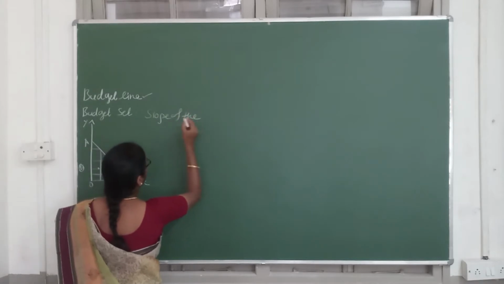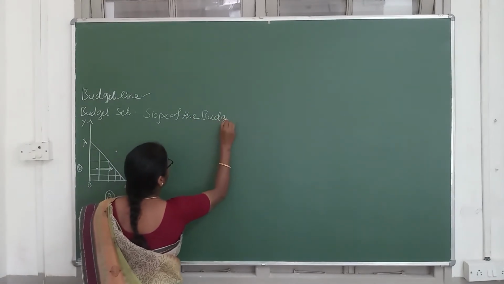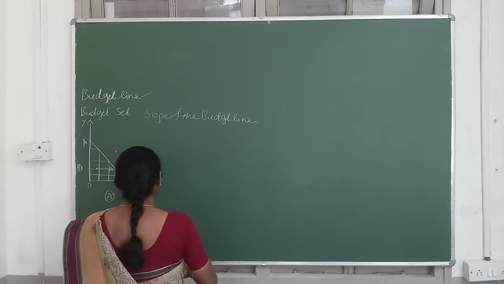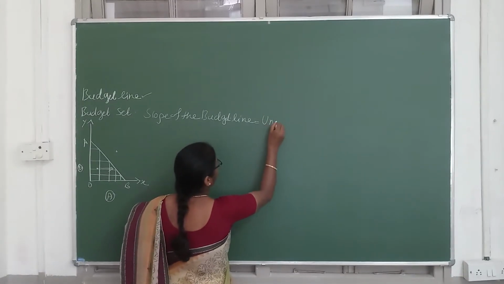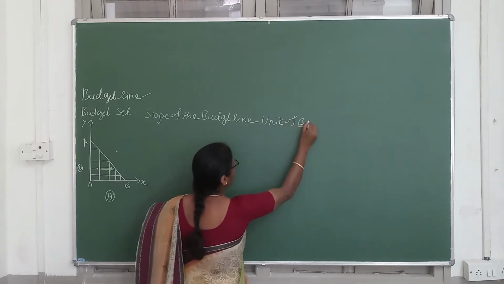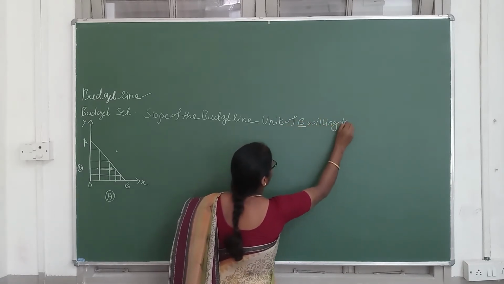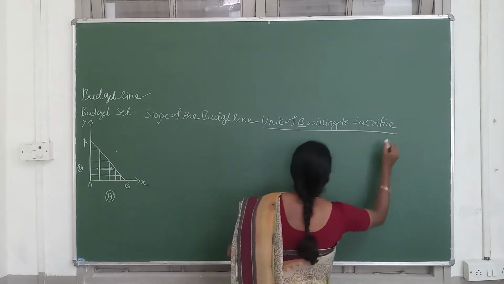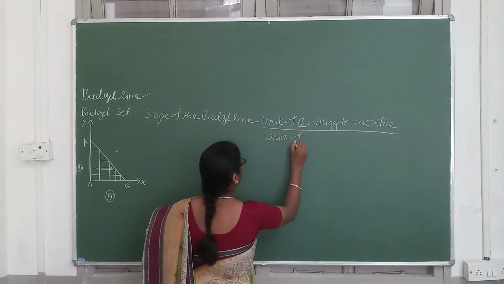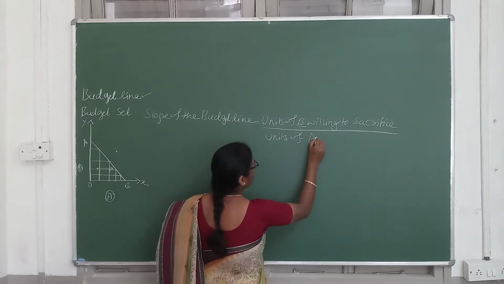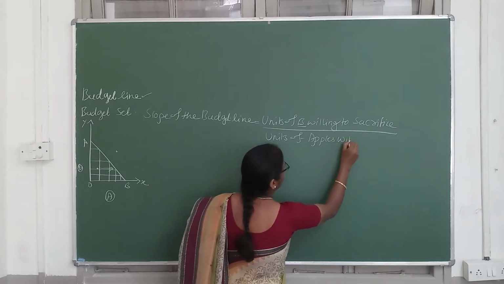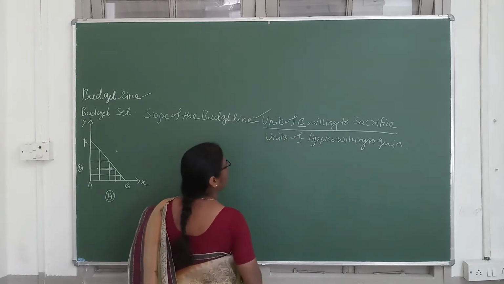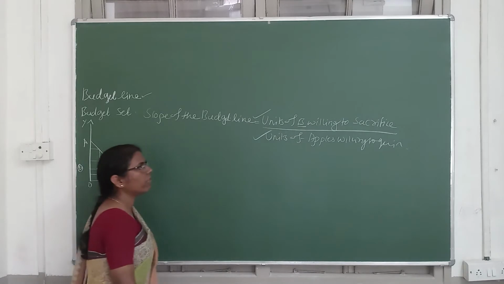The slope of the budget line is equal to the units of bananas willing to sacrifice divided by the units of apples willing to gain.